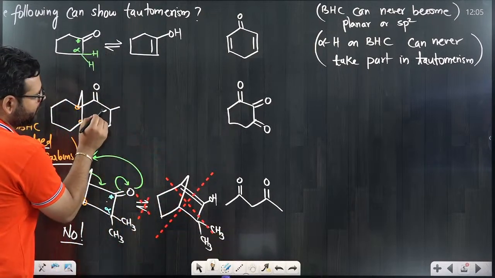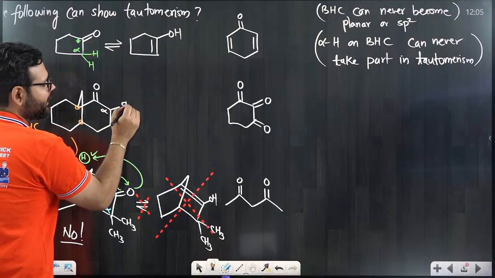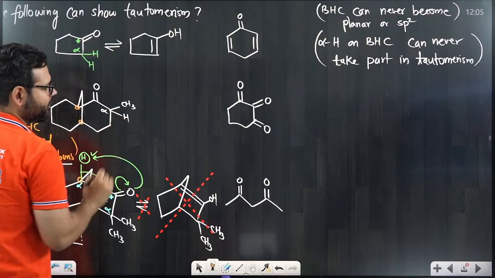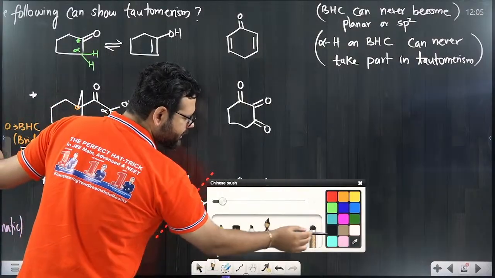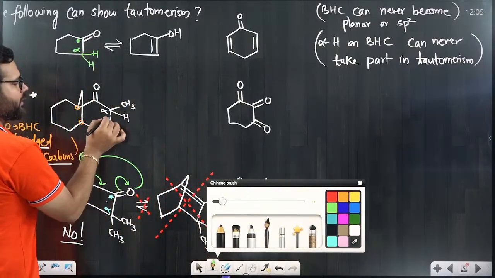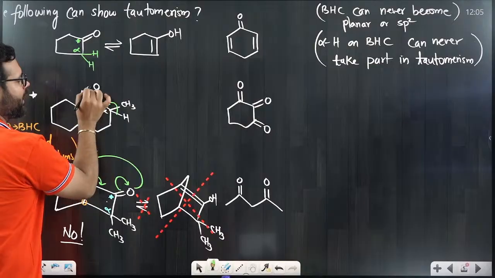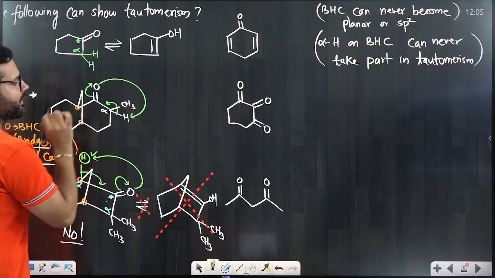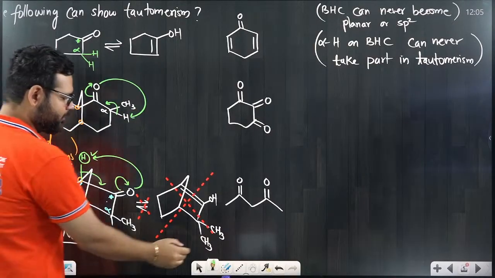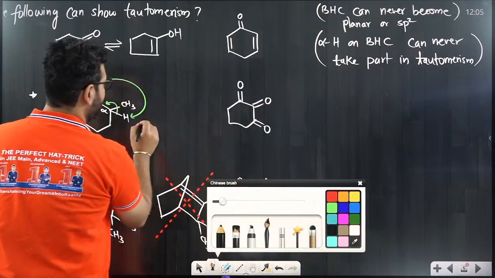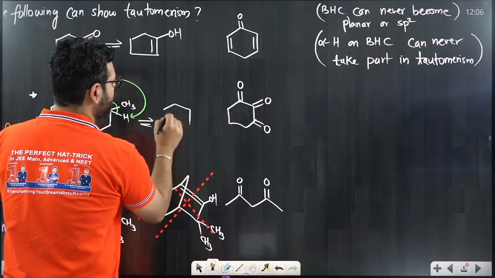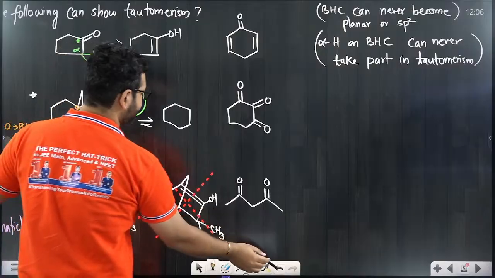But this is also alpha carbon. It has one methyl, that means one hydrogen is present here. So this hydrogen can show. Yes, the answer is yes, it can show. Sigma become pi, pi become minus, minus take the H plus. So yes, in this one, tautomerism is possible, and we get the enol form, which looks like this.